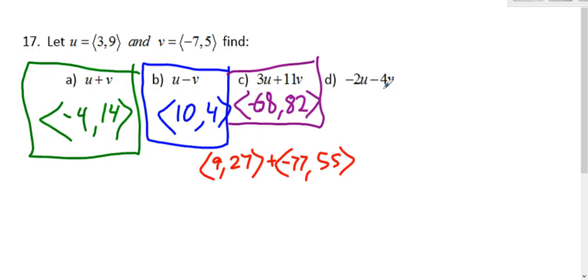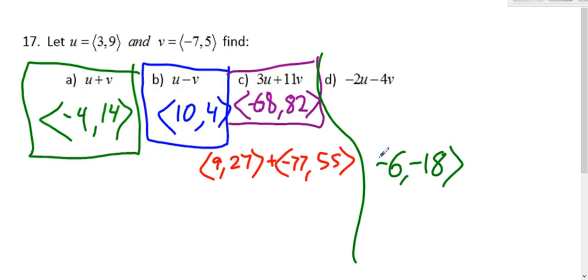And then for the last one over here, -2u minus 4v. -2 times u would be -6, comma -18.